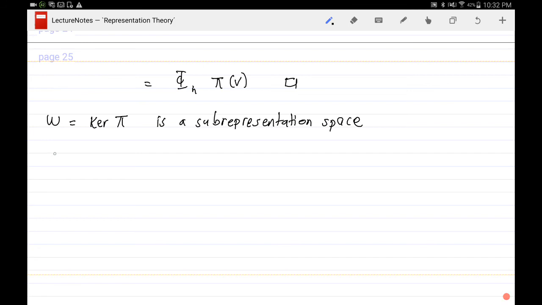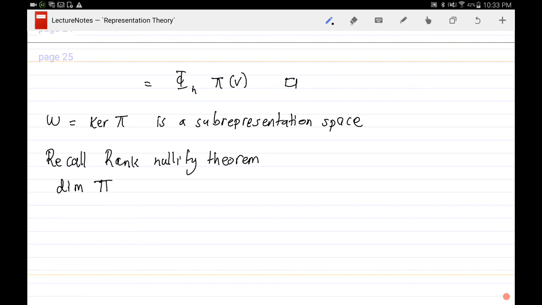So now we recall the rank-nullity theorem. Let's have an operator, let me go straight to pi.